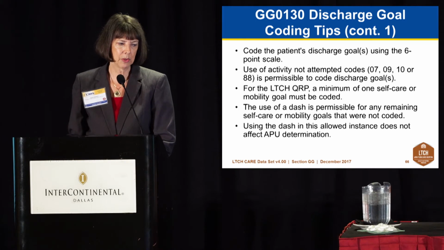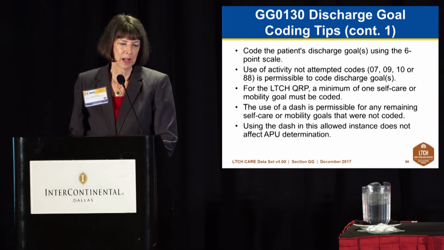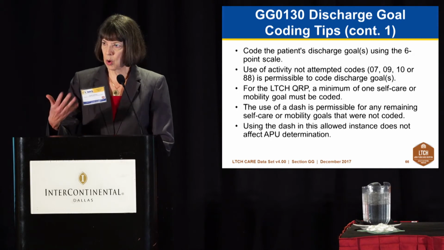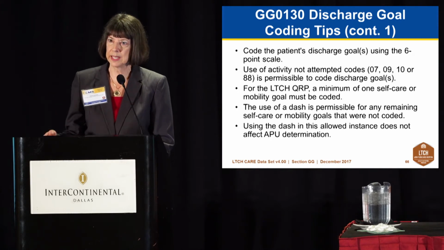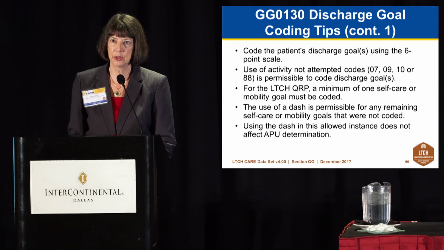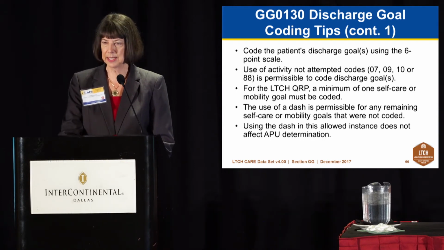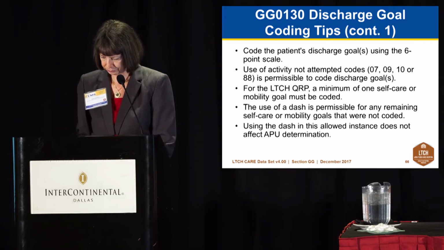And then using the dash is allowed in this instance. So if you've coded all the goals that you have intended to, then for those that you don't intend to code, you may use a dash, and it does not affect your APU determination. So in this instance, it does not affect your APU determination.